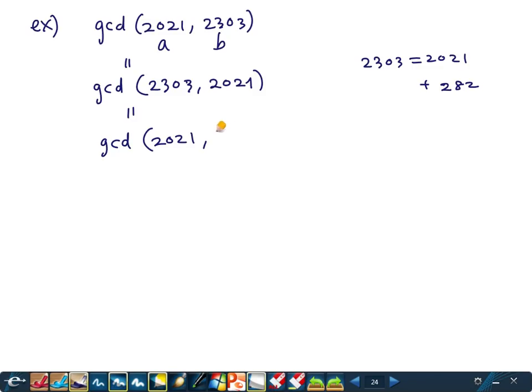Yeah, I think I chose two big numbers, but anyway, we can do this. I want to show you we can do this. Please correct me if I made a mistake. I didn't compute this before, so it's very likely that I will make a mistake. So now GCD is still not 0, so this goes to the front. Now we're going to divide this by what? 282. What is the quotient here?